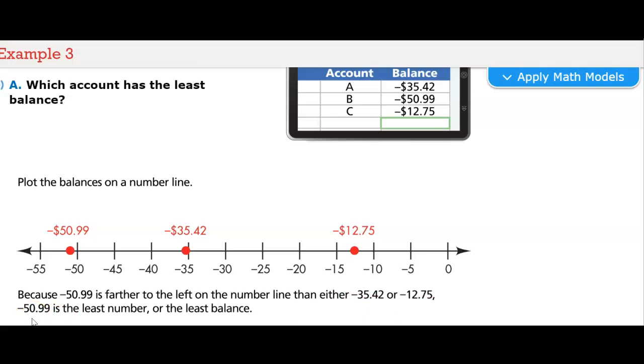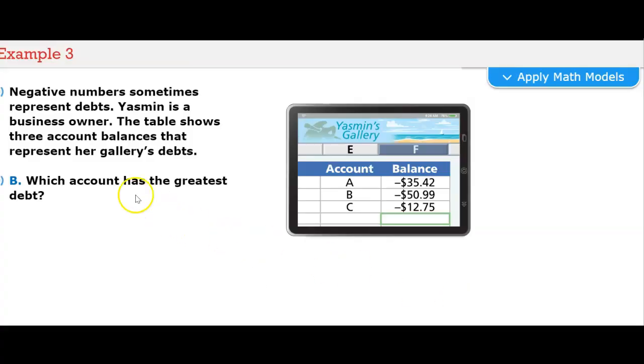Because negative $50.99 is farther away on the left of that number line, that is going to be our least balance. So that's made clear by looking here at this number line. Part B. Which account has the greatest debt?